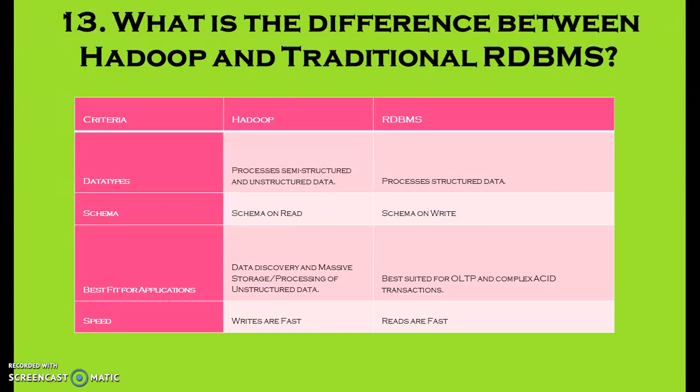Best fit for applications, Hadoop can be best fit for data discovery and massive storage processing of unstructured data, and the RDBMS is best suited for OLTP and complex ACID transactions. And speed, when it comes to Hadoop, writes are fast and in RDBMS reads are fast.